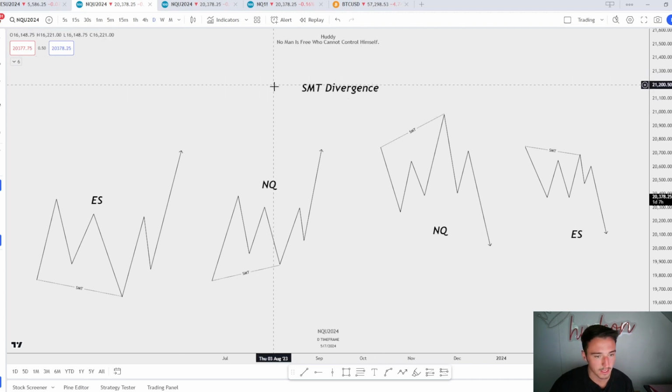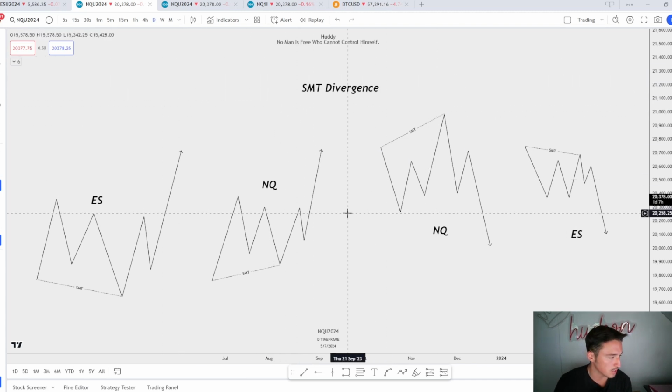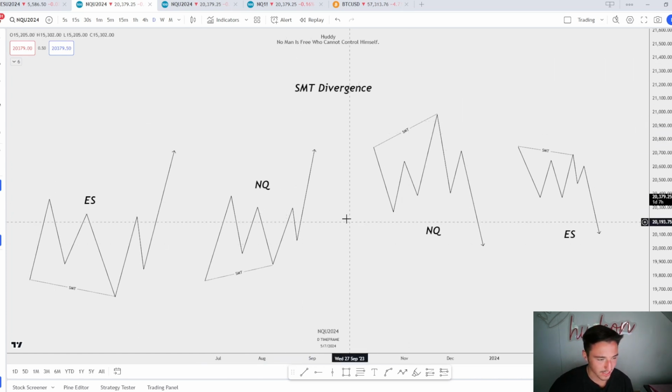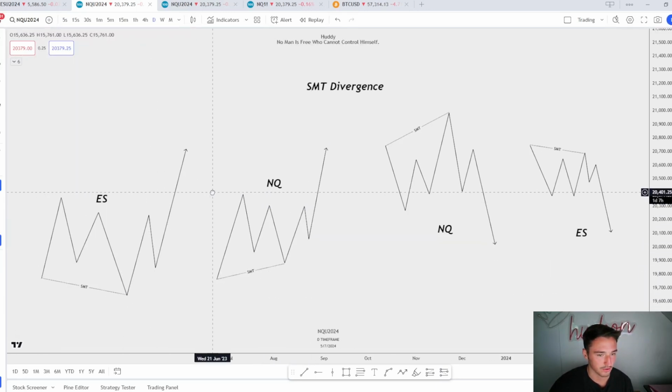SMT divergence is one of the best ways to understand when and where a high probability reversal can take place. Also, if you make your trades have SMT, your win rate will start to go higher, because if you're looking for SMT divergence, you can spot high probability reversals.